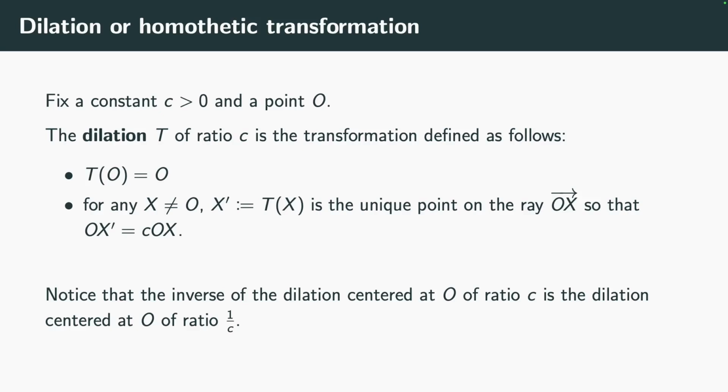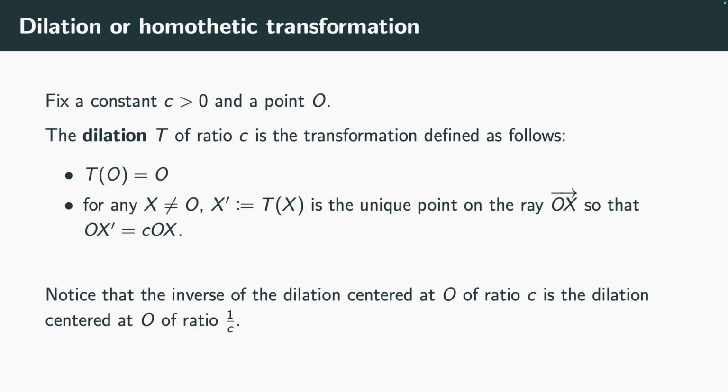For this, I want to fix a constant c that's positive, and I want to fix a point O. And what I'm going to think of doing is saying that the dilation t of ratio c just rescales everything from O, either outwards if c is greater than 1 or inwards if c is less than 1.